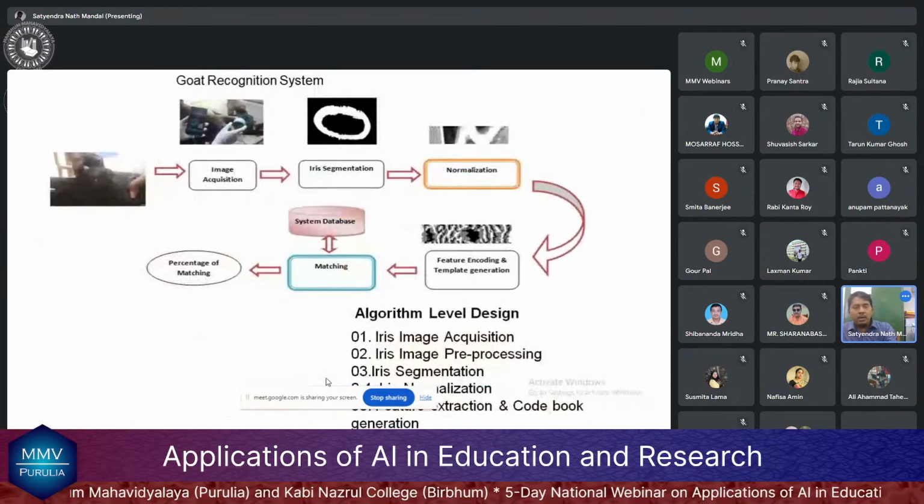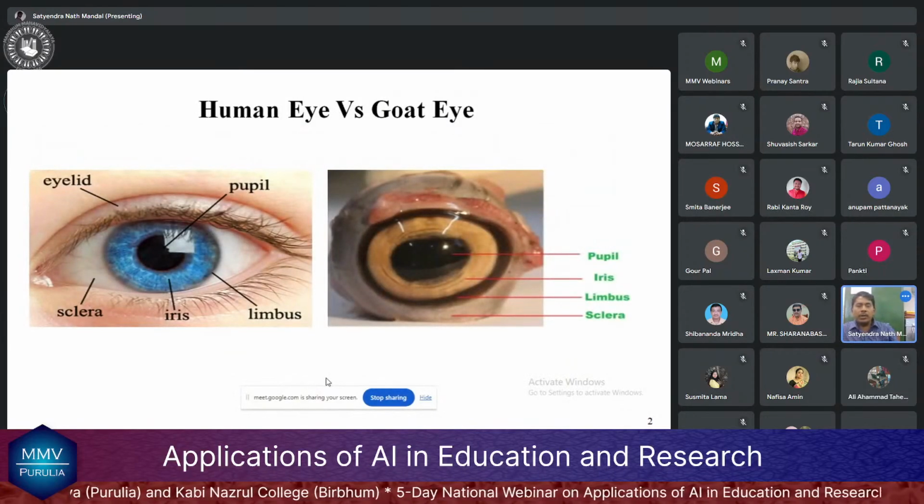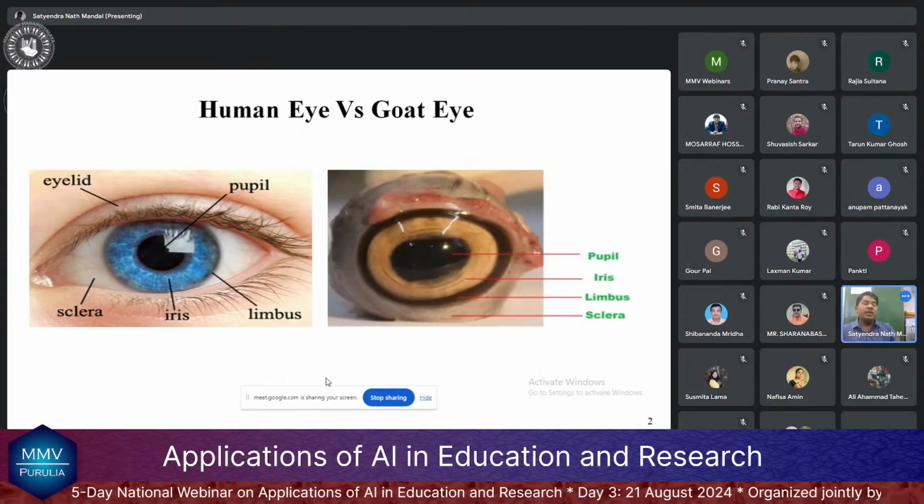Then we got this portion, which is the pupil, because in our eye, if we see from a distance, our iris and the pupil look the same. But in the case of the animal, this is the pupil, the iris, and the limbus, the cornea, all are the same.